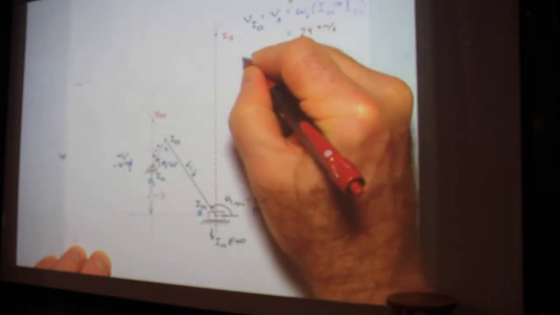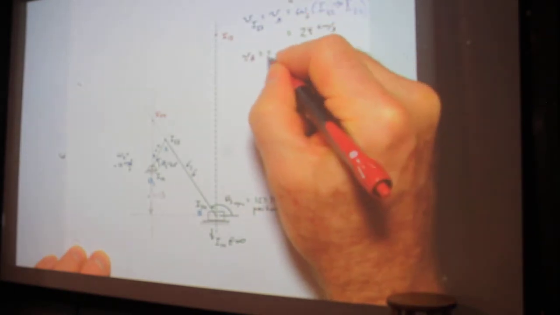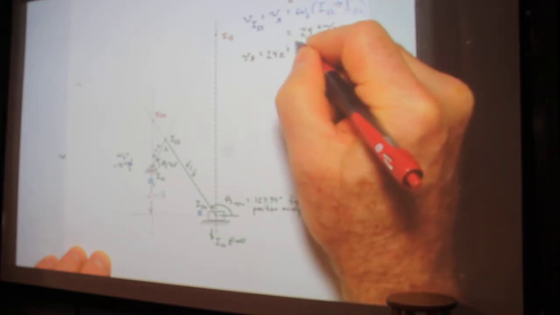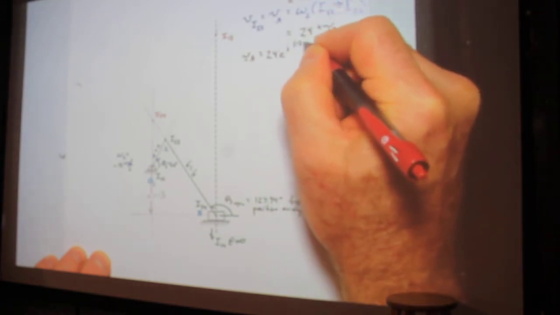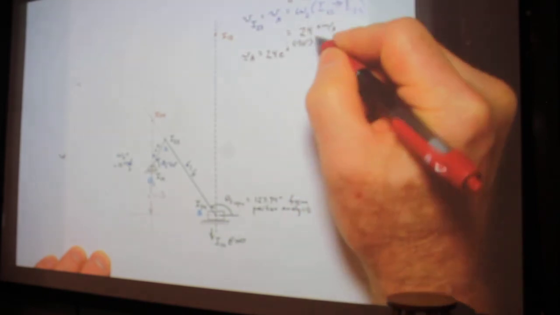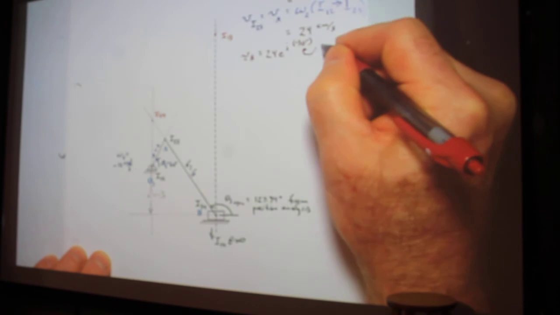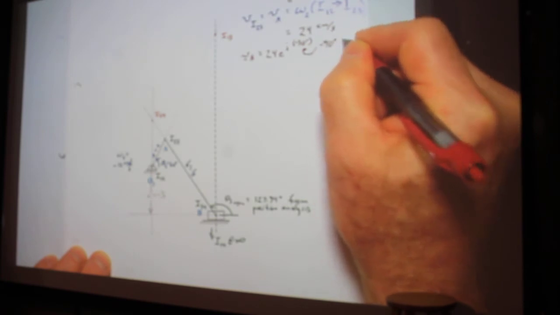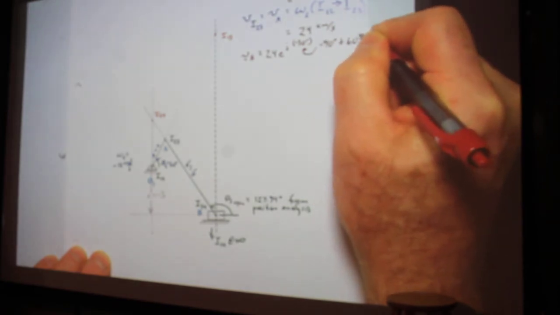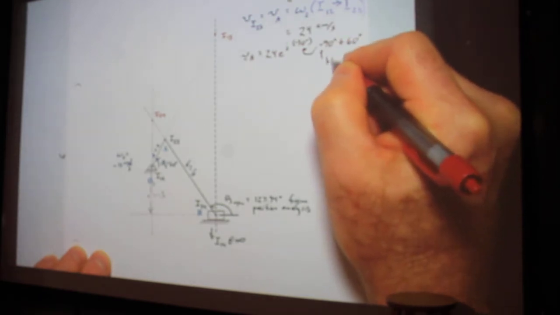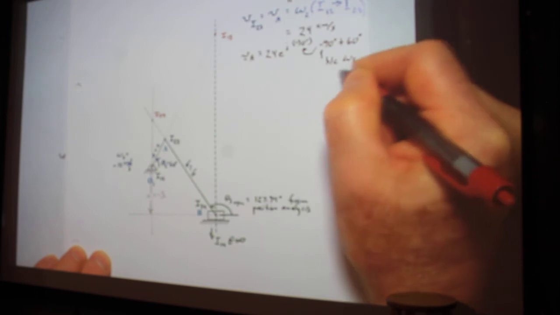And the velocity of A, the vector itself, equals 24 e to the j minus 30 degrees. The reason we get this is we have minus 90 degrees plus 60 degrees, and we have the minus 90 because omega 2 is negative.